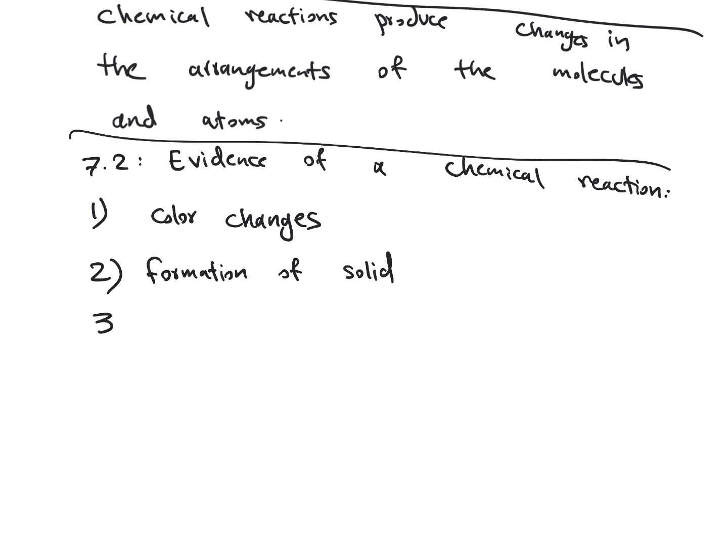The other one is formation of a gas. For formation of a solid, we gave the example of laundry detergent, right? It should be conducted in a more experimental setting, in the sense that you can see the precipitates. There are certain experiments in the laboratory where you add substances to each other, and then you see the solid precipitate forming.